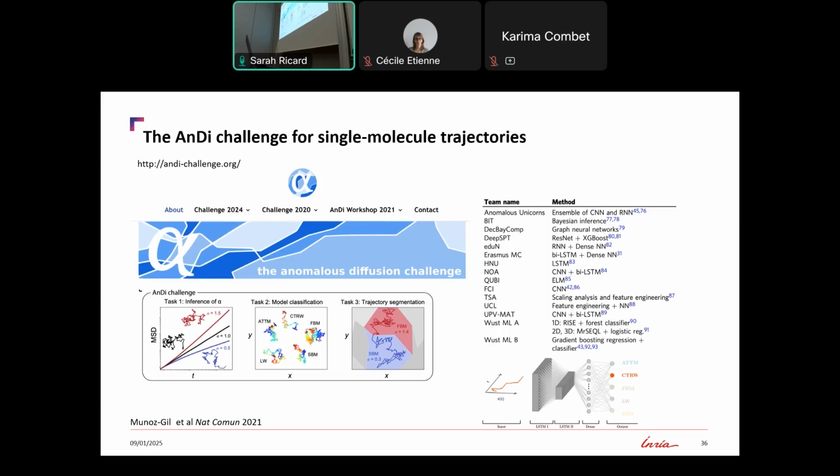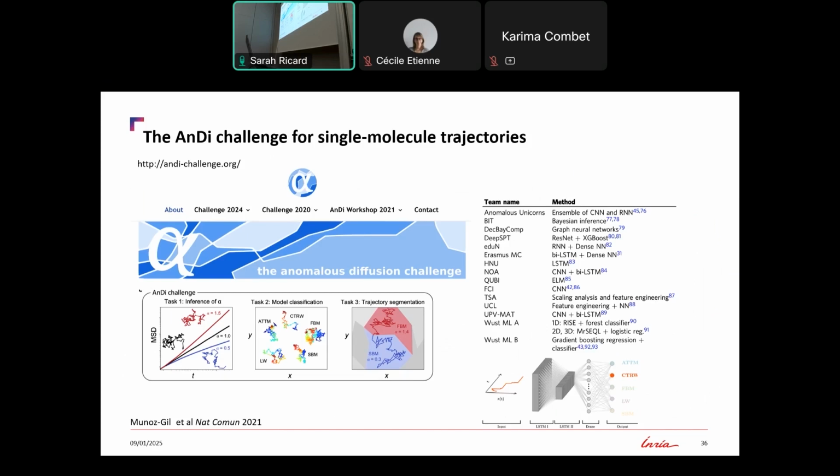They have other models different from those that I've shown you, but in the same spirit. You also have to do inference of the anomalous exponent, the alpha exponent, and so on. So it's an open challenge. It's every 4 years, and teams all over the world can participate and propose ways to measure this.